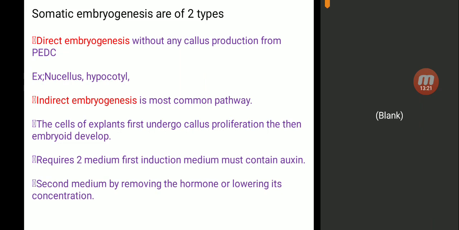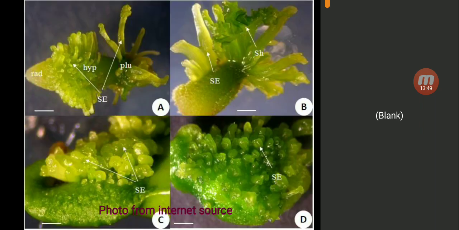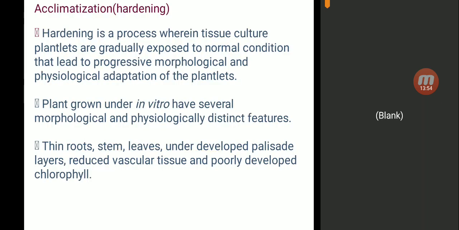Some other type of cells has to be subjected to embryogenesis, and that will be indirect embryogenesis because they are not predetermined for the development of embryos. Any other somatic cells or organs have to be induced for the embryogenic process, and that is indirect embryogenesis. Here you can see how the somatic embryos are formed under in vitro conditions.